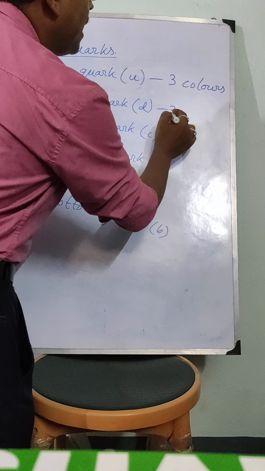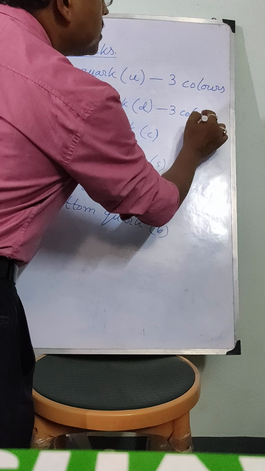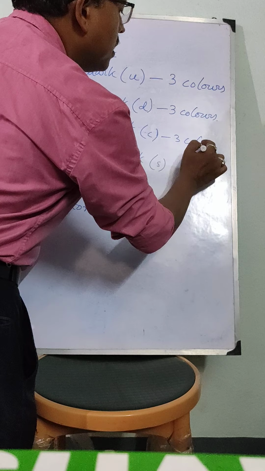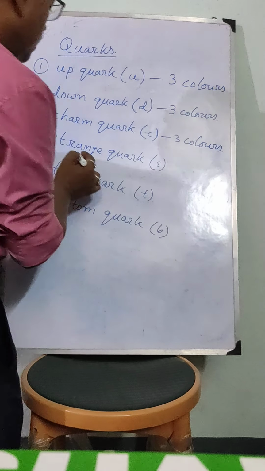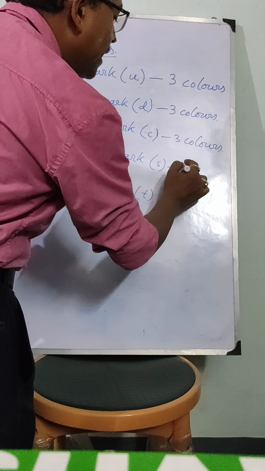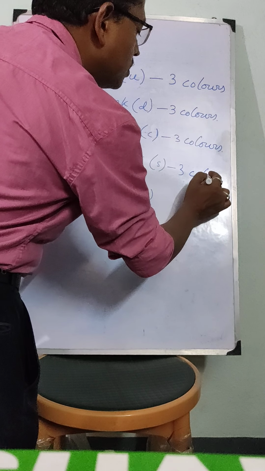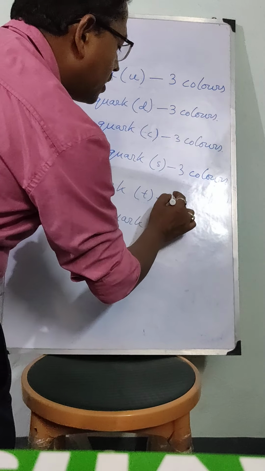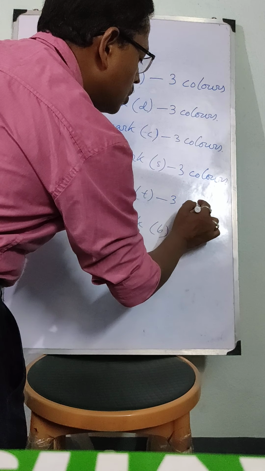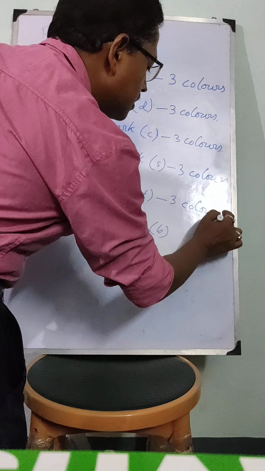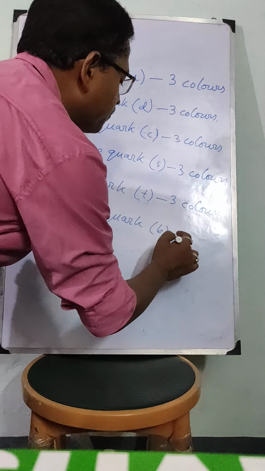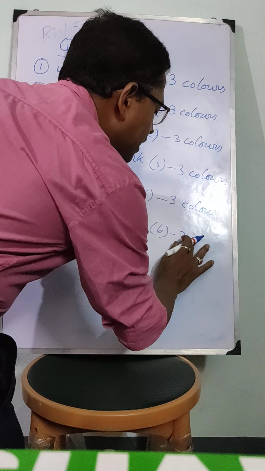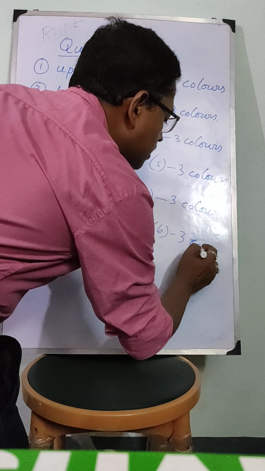Down quark also has 3 colors. Strange quark also has 3 colors. Top quark also comes in three colors, that is three color charges, and bottom quark, three colors.